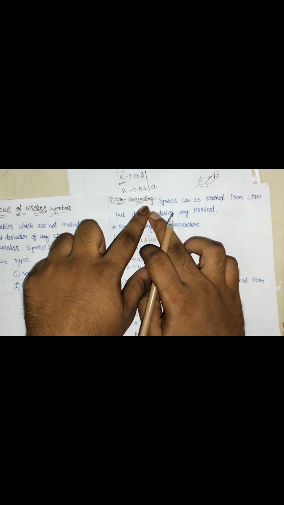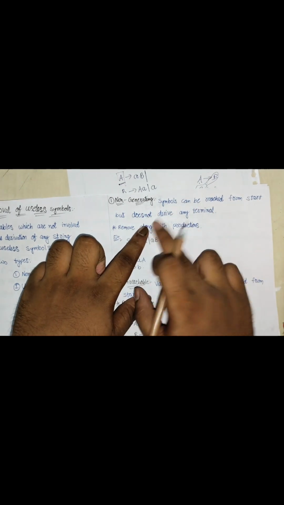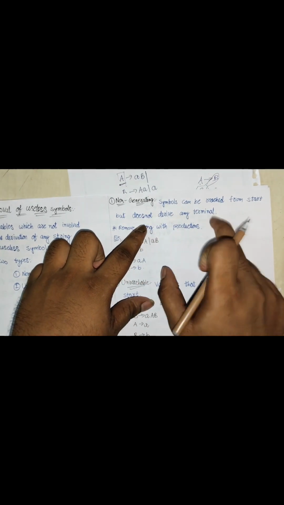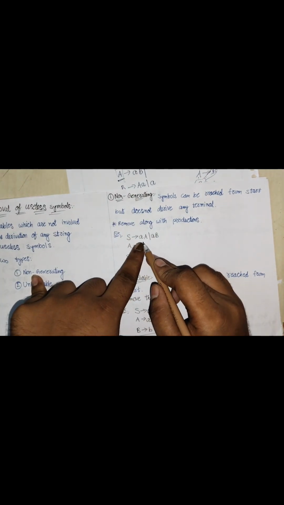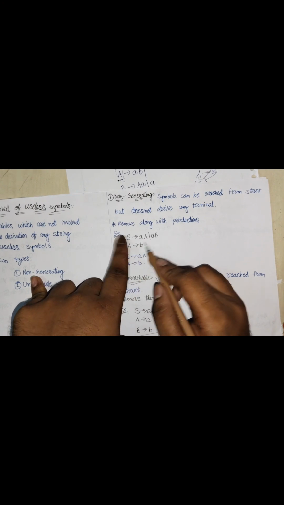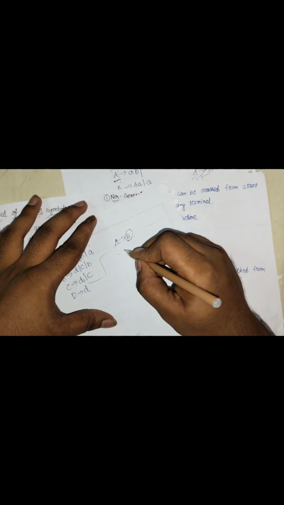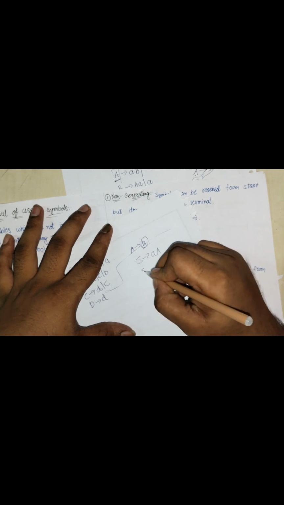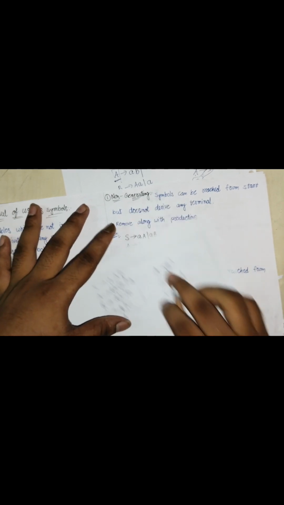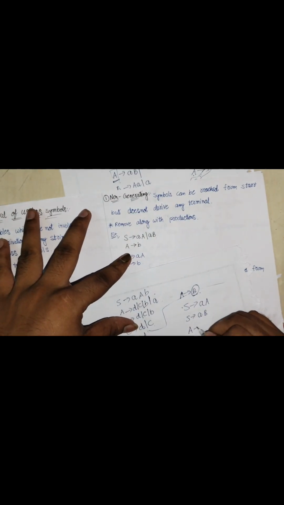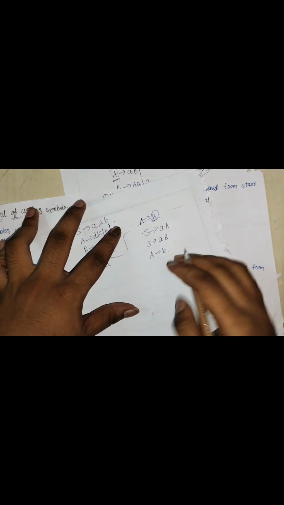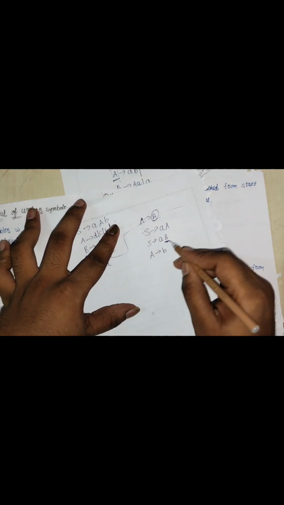Non-generating, in the sense, symbols can be reached from the start but do not derive any terminal. See the example. The productions are S tends to A, B, and the second production is A tends to a. So now this capital B is there, right?